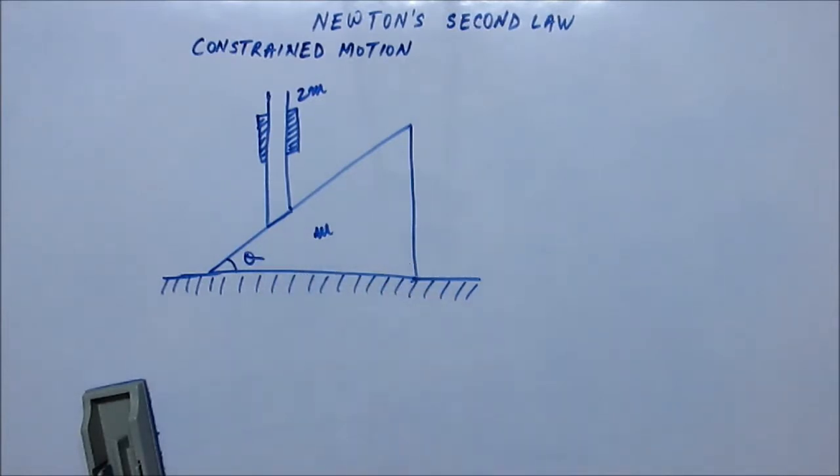The wedge can go only horizontally. The angle of the wedge is theta. Now you have to find the relationship between the velocity of the wedge and the column. Give some time to this. Think about it.